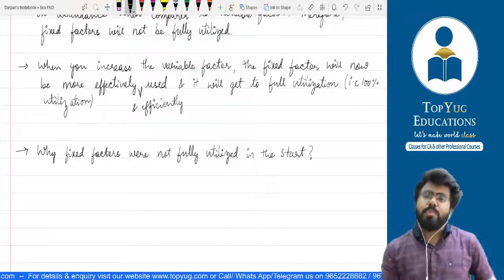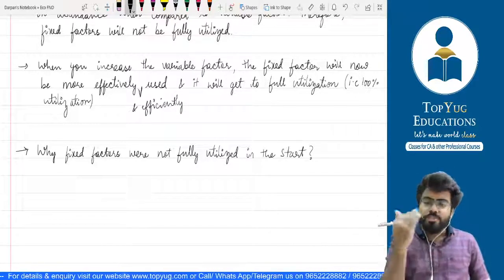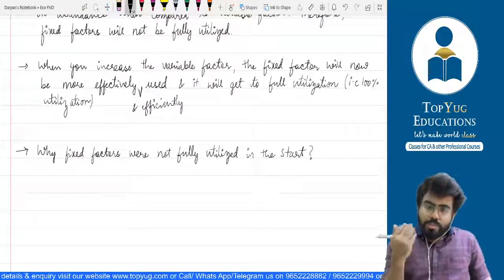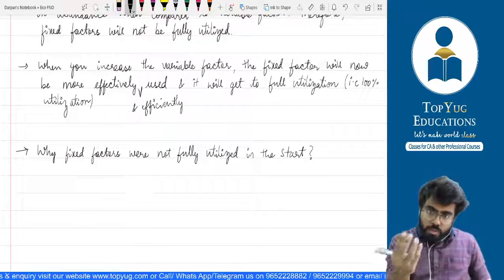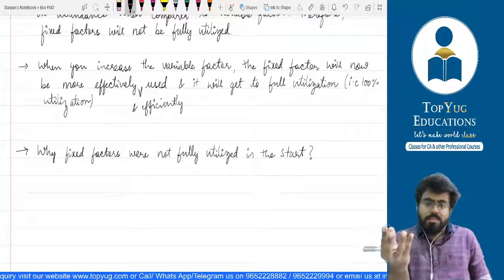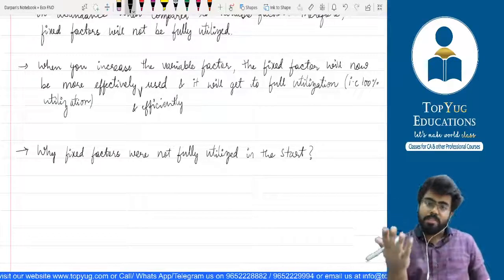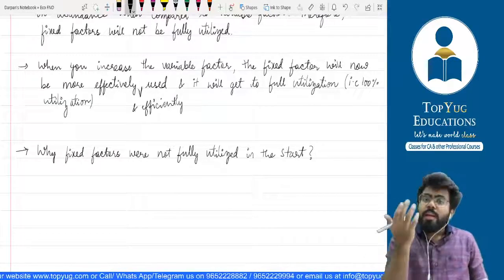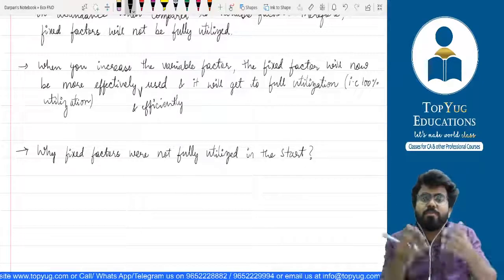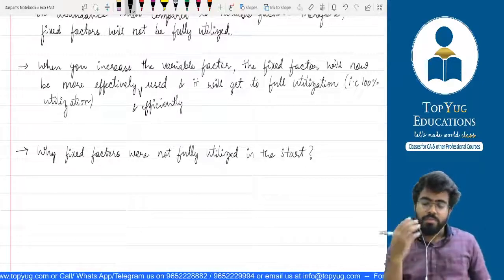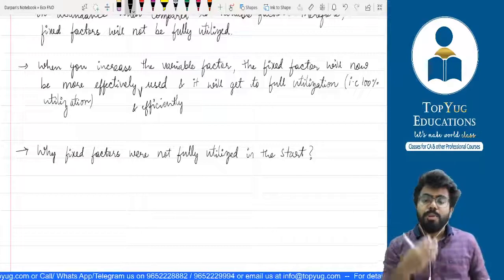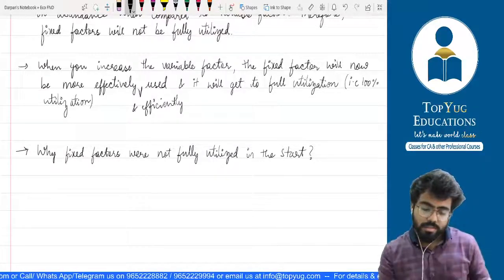What is the reason? They were not fully utilized because when you are purchasing them, you cannot purchase them in parts because they are indivisible. If they were divisible, then you could have purchased only the part of it, but they are indivisible, right? Because of that, you purchase something, but you are not fully utilizing it, right?